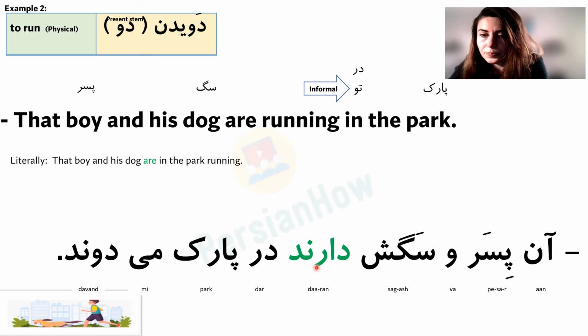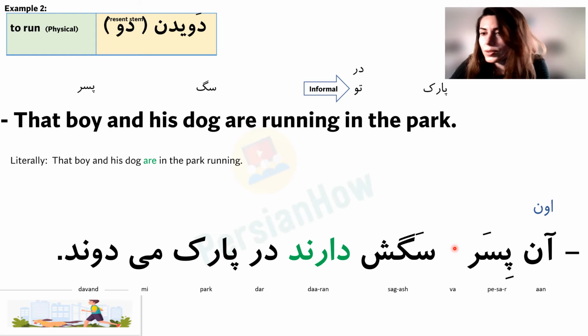And now let's go over the informal form of the sentence, which a few things change. On becomes un. And then the second thing, do you remember from the previous lessons, I said that the conjunction va in the spoken language has a different pronunciation. We don't specifically say va.